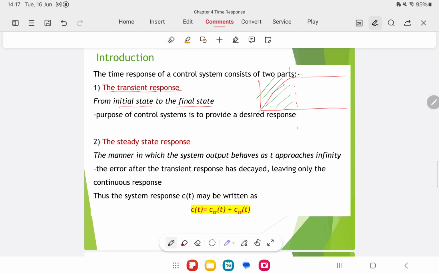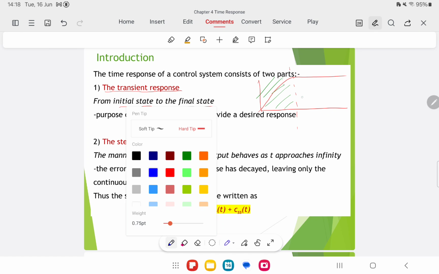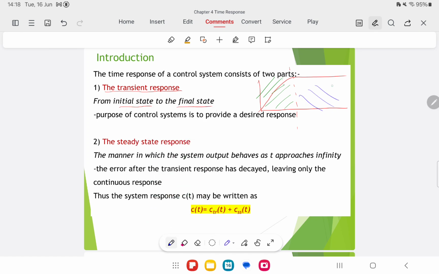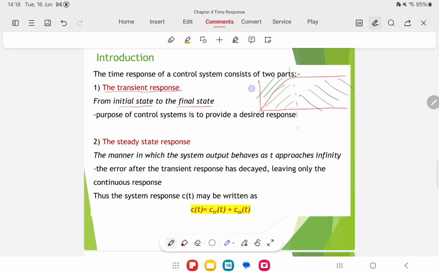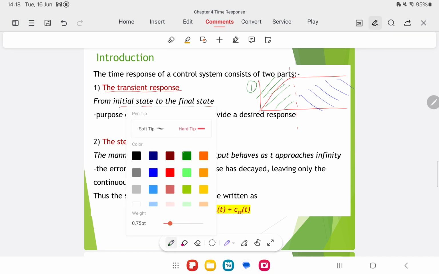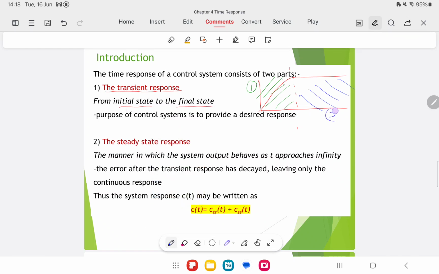Okay, it is not stable yet, in active region. So the second part will be when the system become stable, yang ini, yang belakang tu. Okay, so number 1 is the green area, number 2 is the blue area.